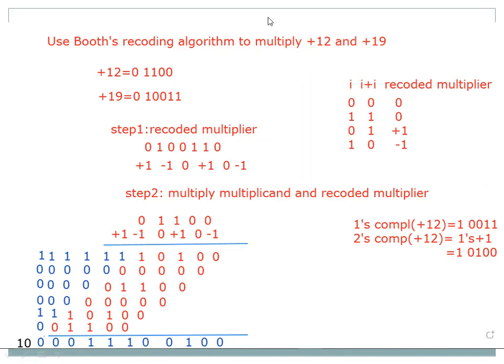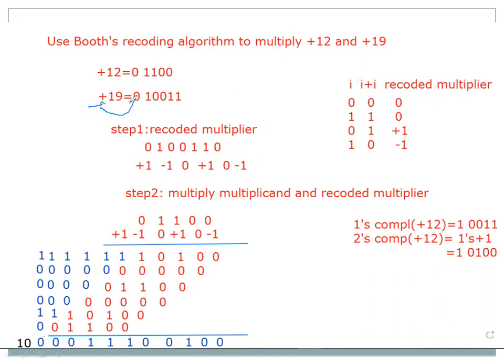Therefore plus 12 is nothing but 0 1 1 0 0. Likewise, we are going to find the binary equivalent of plus 19. Plus means it is 0 in the binary because plus is the sign.